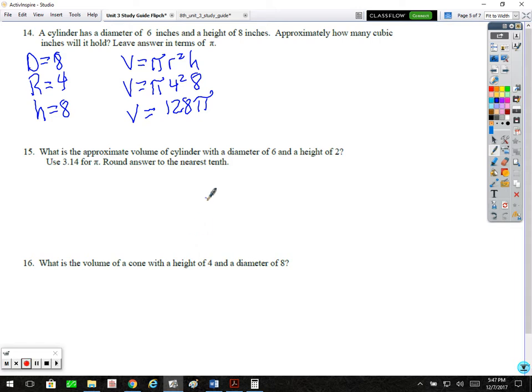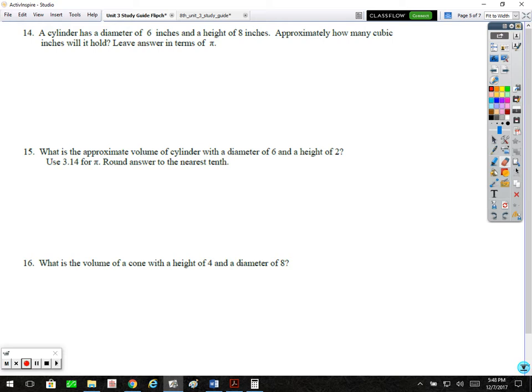Uh-oh. I did this one backwards. We got a mess-up. Let's regroup with this one, guys. Sorry. You have to watch because I didn't do what I should have done. I didn't double check. So let's erase this one and start over. Remember, diameter was 6, not 8. So the diameter was 6, which means my radius was 3, and the height is 8. Guys, I do apologize. So volume is pi r squared h.